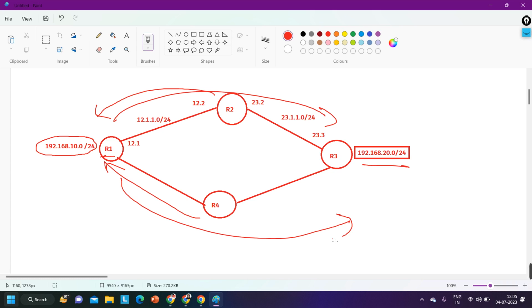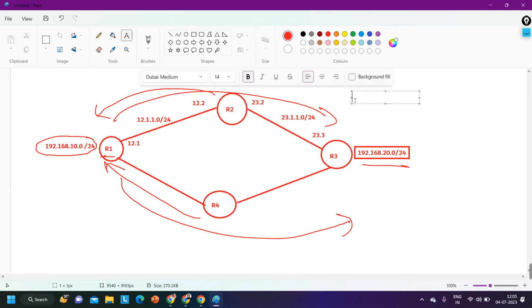For the best path selection, the first thing that the router is going to check is longest prefix match. First thing is longest prefix length. Let me write it over here.